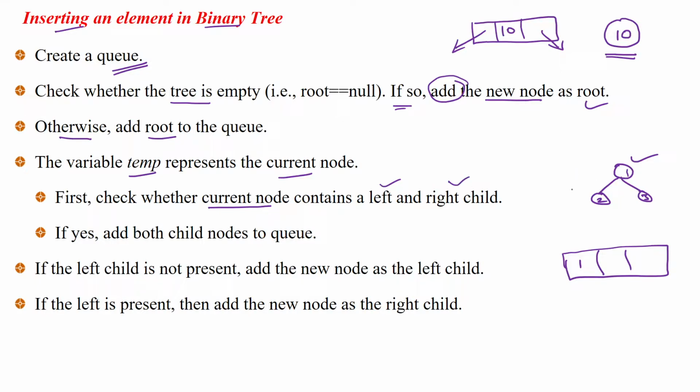The current node is 1, and it has a left child 2 and a right child 3. If the current node has both children, we add both of them into the queue, so 2 and 3 are entered into the queue.